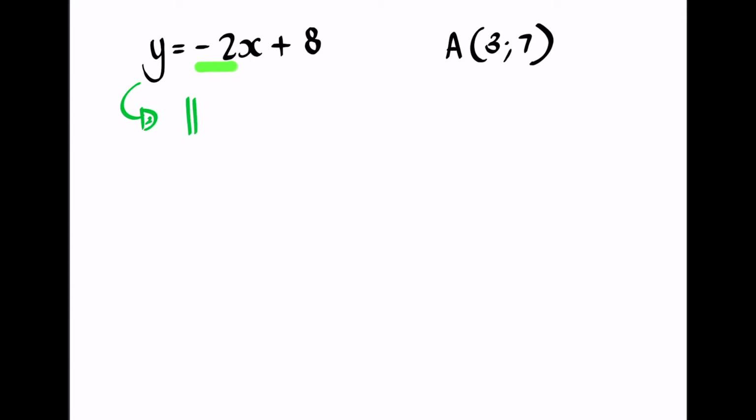So parallel lines have equal gradients. The line parallel to y equals minus 2x plus 8 will have the same gradient as that line, which means that the gradient will be negative 2.